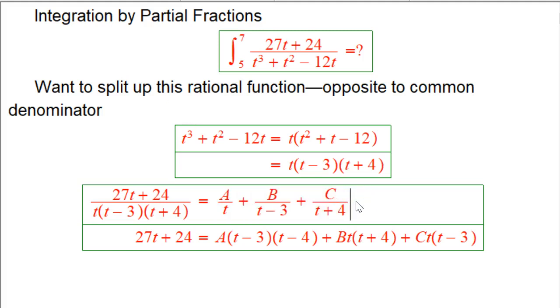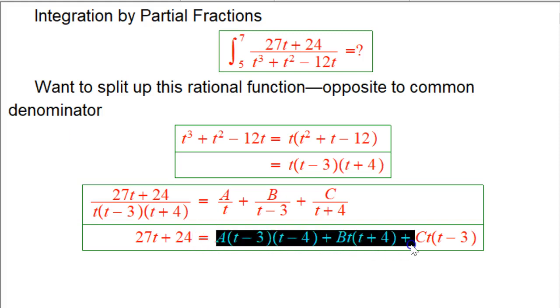It should be identical. And there's two ways to exploit that, and I'll show you both ways here, even though it'll take a little longer. One is that once you clear the fractions, this is a polynomial in t. It's pretty simple. It's just a linear polynomial. And this, once we figure out a, b, and c, will be a polynomial in t.